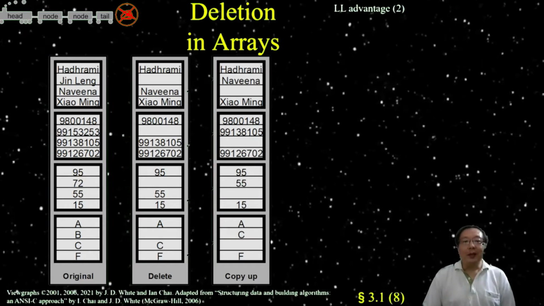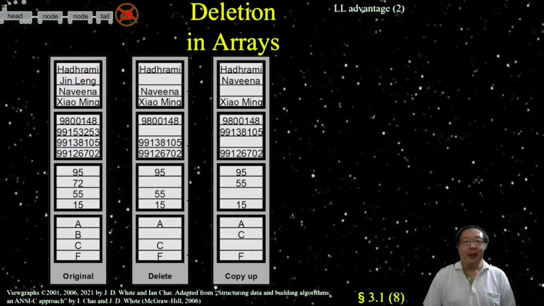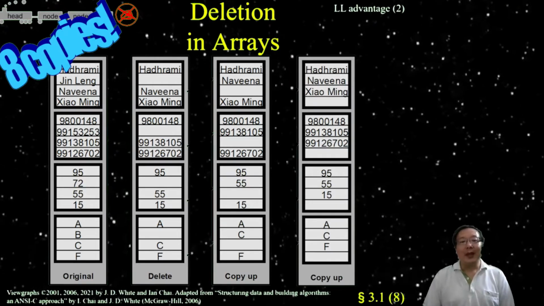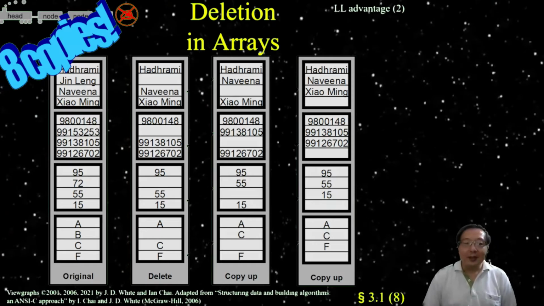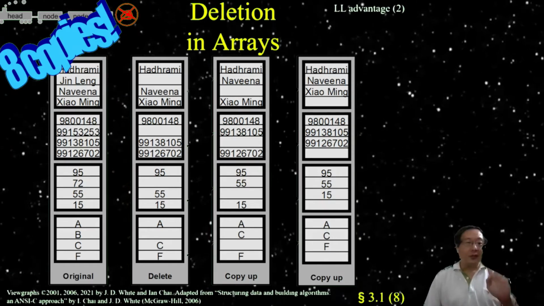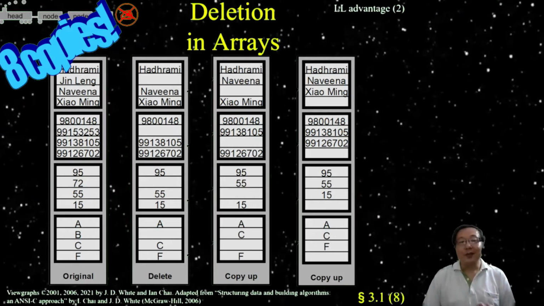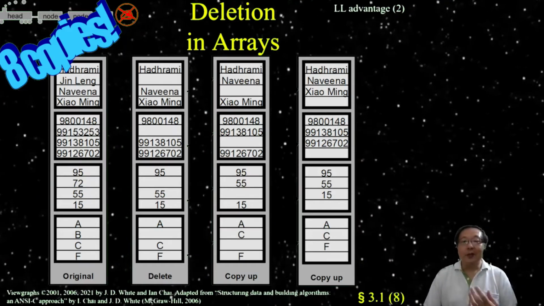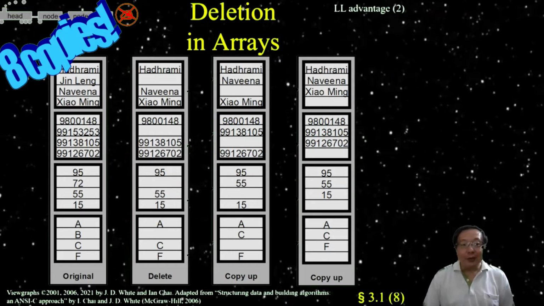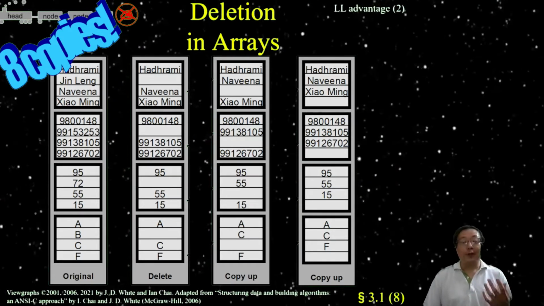Then you have to copy Xiaoming's information up one step. Which means that in the end, you have to copy 8 times just for this array of 4 students only. Just 4 students, and we delete the second student, we have to make 8 copies. Can you imagine if we have 100 students or 1,000 students, then there's going to be a lot of copies to be made.